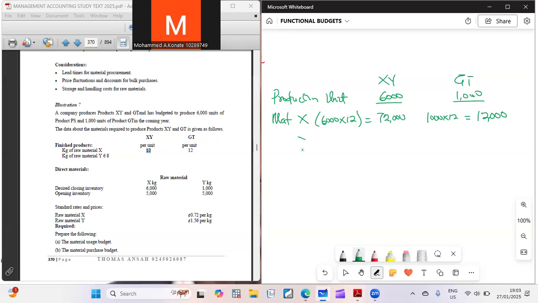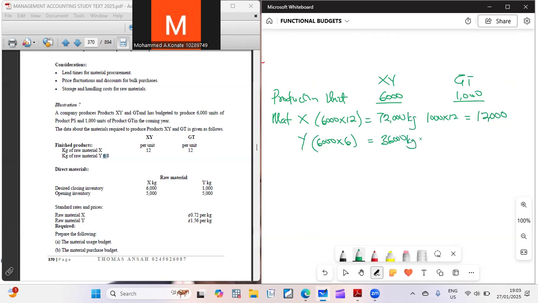Number of material Y. They said you will need 6 kg. So if here we are producing 6,000 and we multiply it by 6 for XY, here will be 36, 36 kg that we will need.